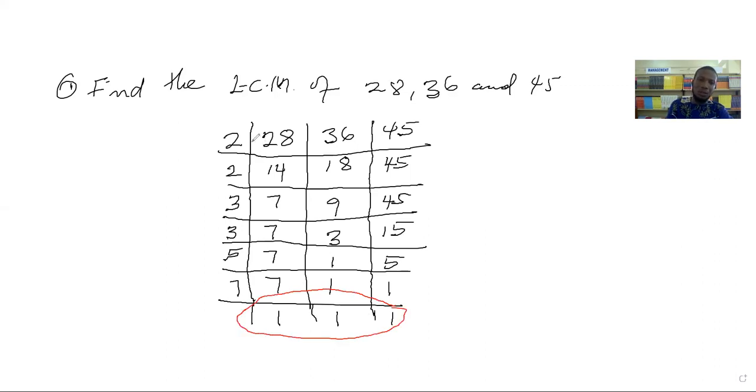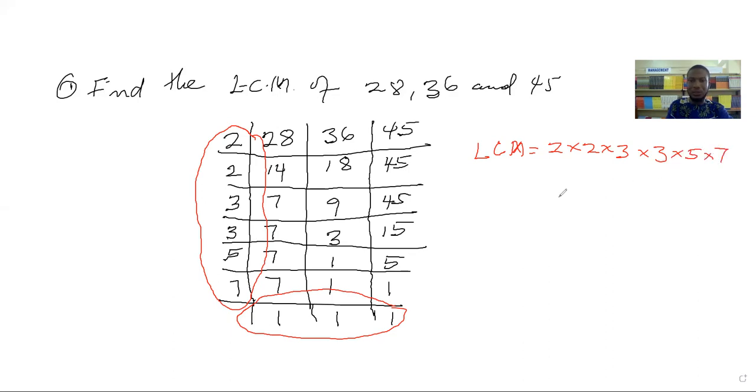And then now we are going to multiply all these numbers we used to divide, and that will give us our LCM. So our LCM becomes 2 times 2 times 3 times 3 again times 5 times 7, and this is going to give us 1260.